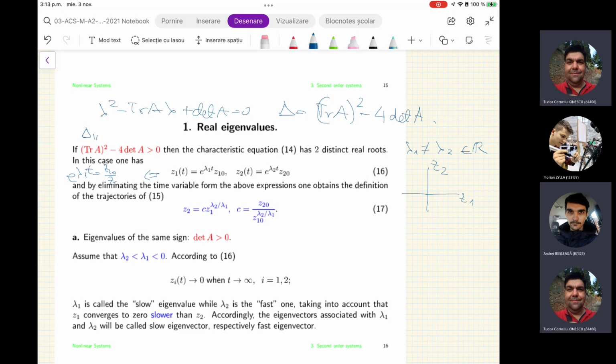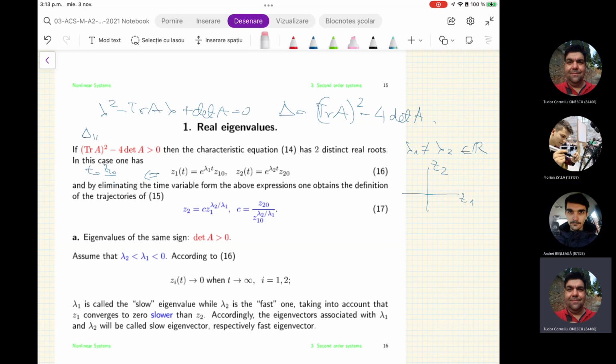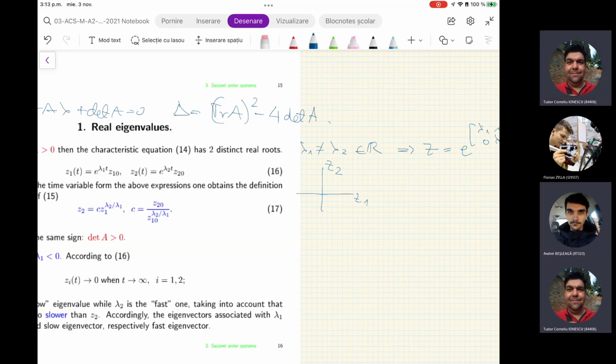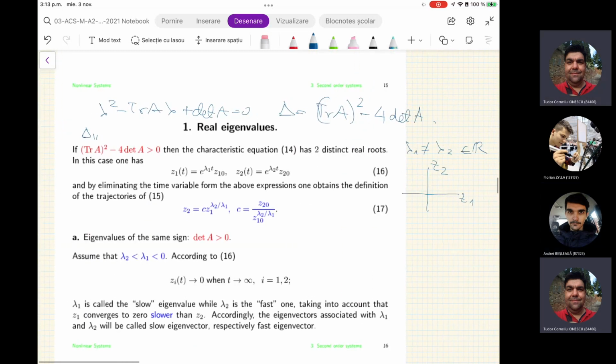You're right, I was wrong. e to the lambda 1 t is z1 over z1 naught.